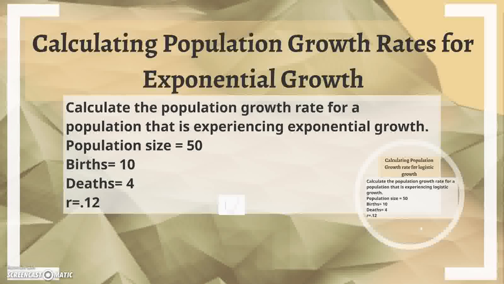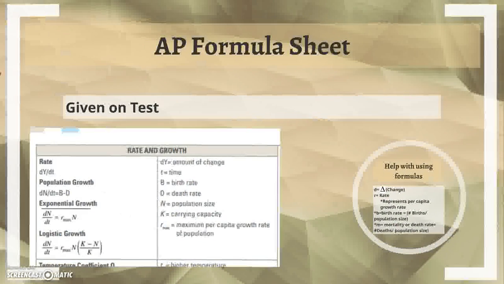Okay, so to calculate the population growth rate, if you look on, let's go back for just a second. Okay, so it tells you on your formula table, it tells you what equation to use. So this one we're going to assume is exponential growth. So we have dN, which is, I'm just going to write the triangle here, change in the population size over change in time.